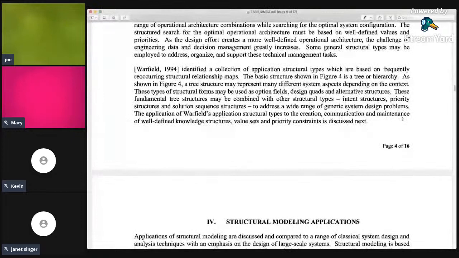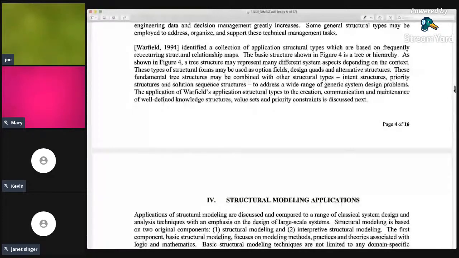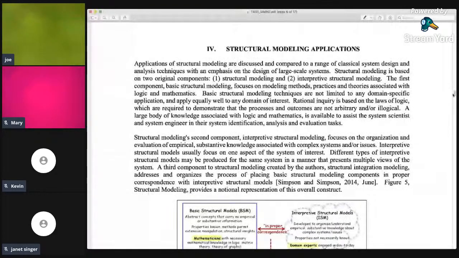So, these fundamental tree structures, which you see in the Dahlberg approach, may be combined with other structural types like intent structures, priority structures, solution sequence structures, and so forth, to address a wide range of generic system design problems. And so that is the goal here now, to start allocating these activities into certain types of areas within a large-scale system design process.